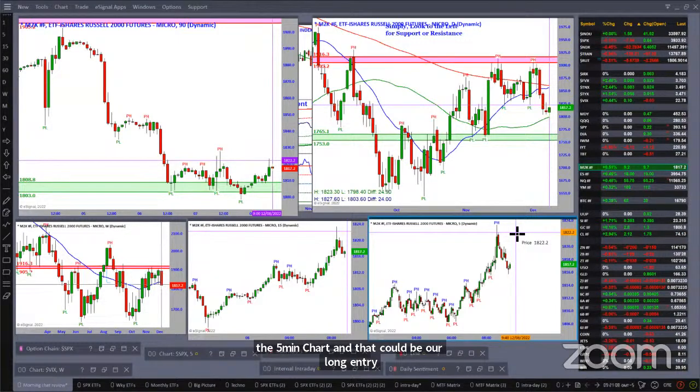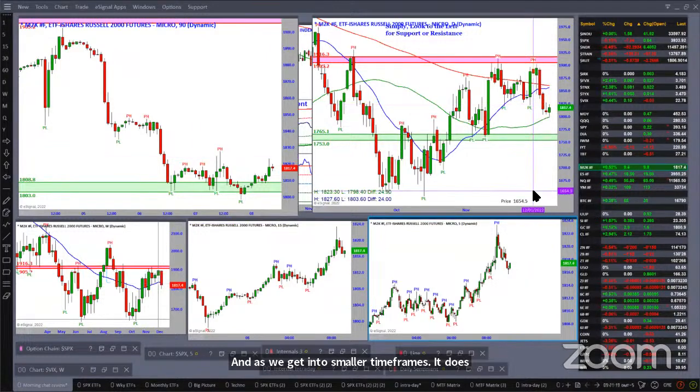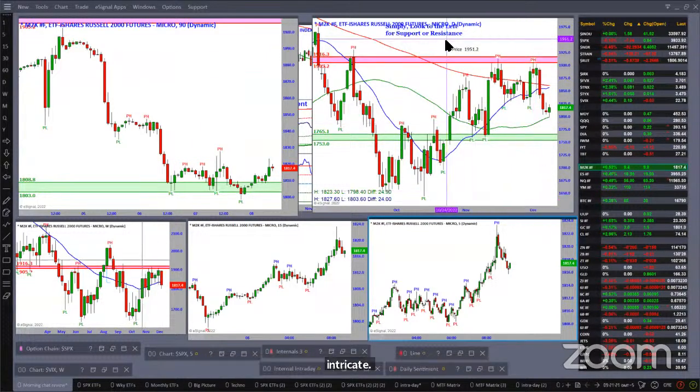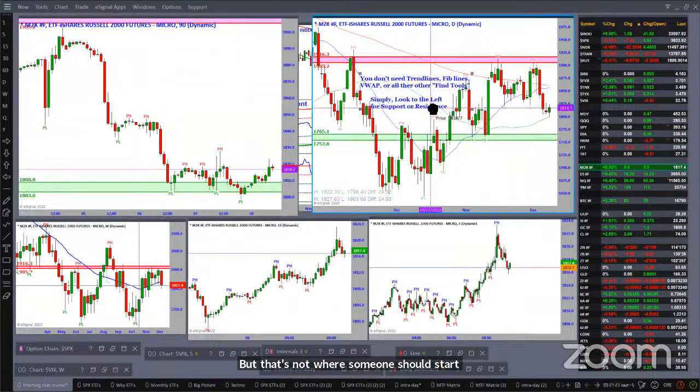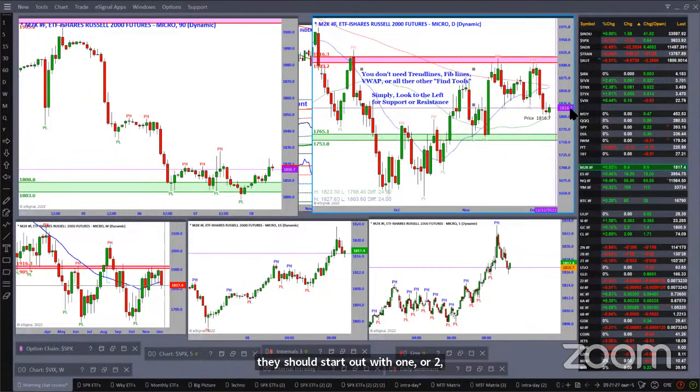So again, utilizing multiple time frame analysis, and as we get into smaller time frames, it does get more intricate, but that's not where someone should start out doing this. They should start out with 1 or 2 time frames, make it easy for you to understand that.